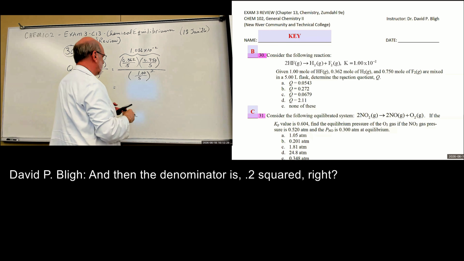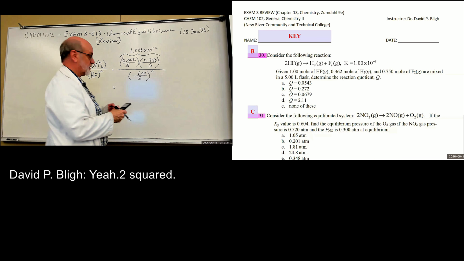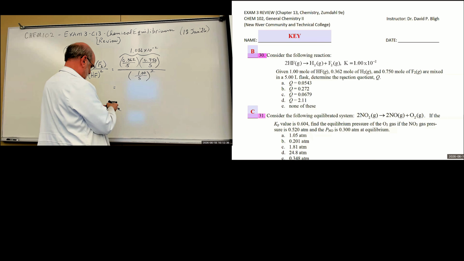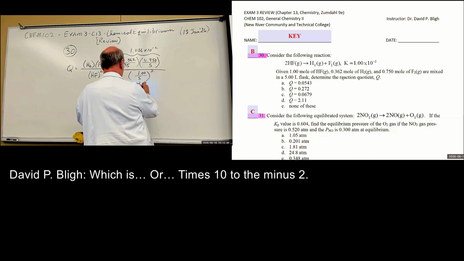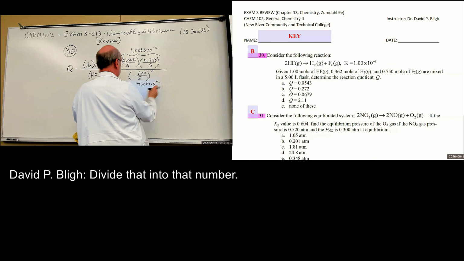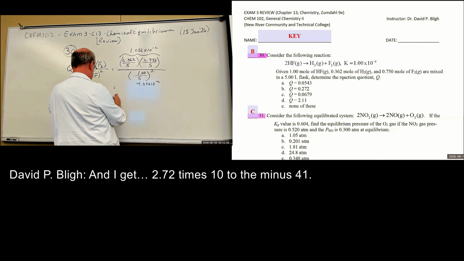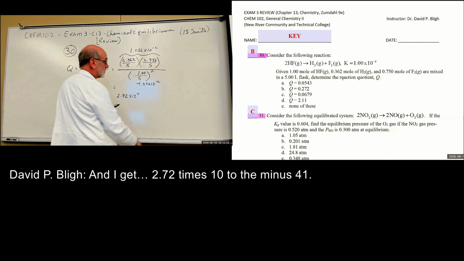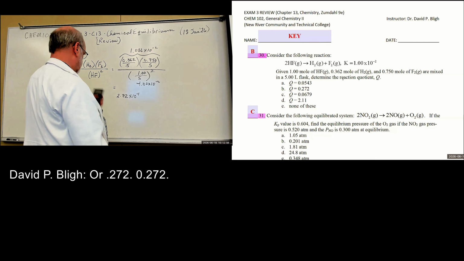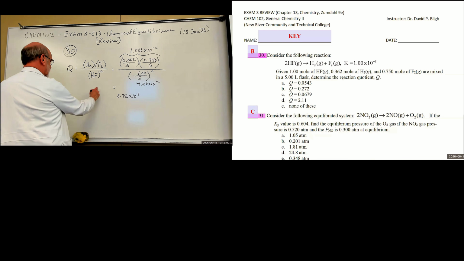The denominator is 0.2 squared, which is 4 times 10 to the minus 2. Dividing, I get 2.72 times 10 to the minus 1, or 0.272. That's B.